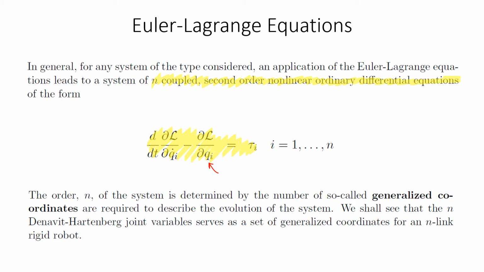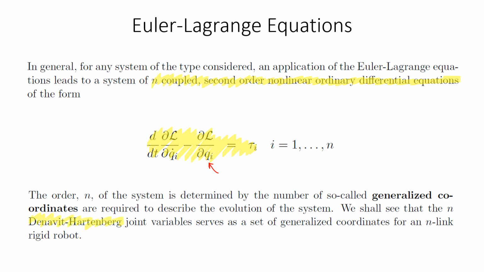Now, these generalized coordinates are going to be according to the n Denavit-Hartenberg joint variables that you have already identified. So you can recall that we said that we are going to have thetas as the variable for the revolute joints and d's as variable for the prismatic joints.